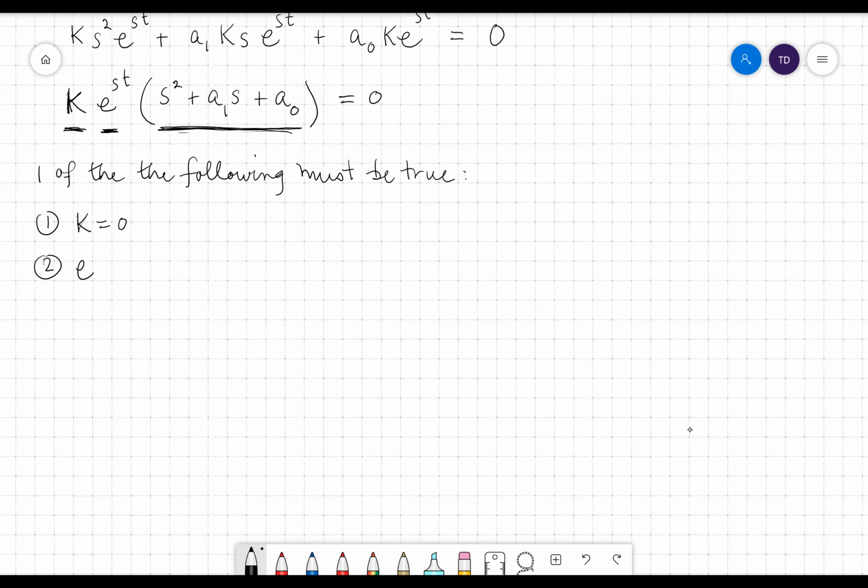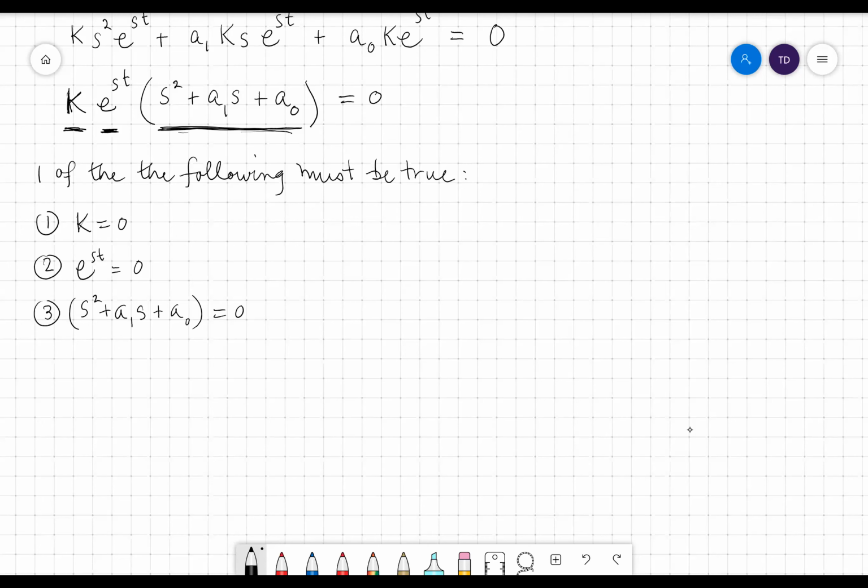Two, e to the st is 0. Three, s squared plus a1 s plus a0 is equal to 0. Everybody agree with those three? Or does anybody disagree with those three? Since everybody's shy and doesn't want to chime in.